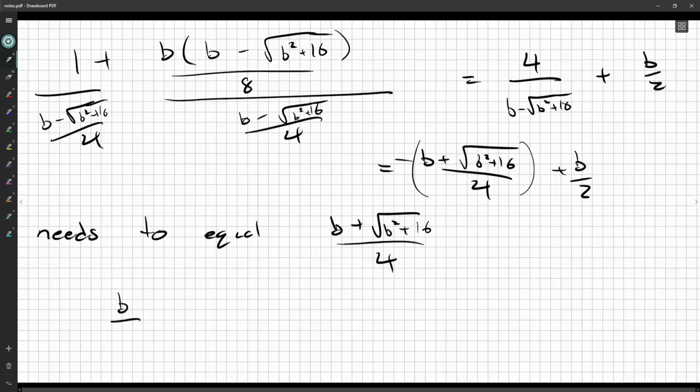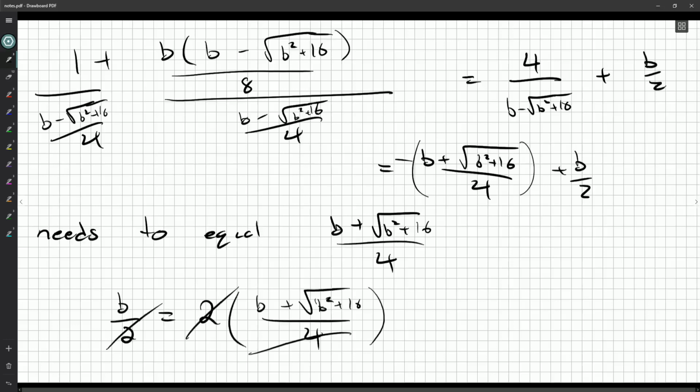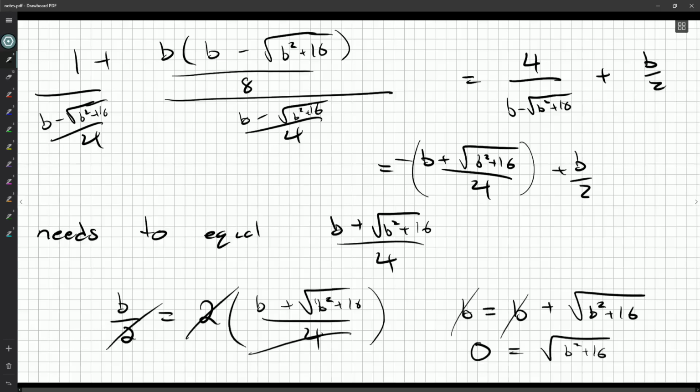Okay, so then b over 2 needs to be equal to 2 times b plus the square root of b squared plus 16 all over 4. Multiply by 2, the 4's will cancel out. So b needs to be equal to b plus the square root of b squared plus 16. The b's will cancel out, and so 0 needs to be equal to the square root of b squared plus 16. And we're not happy with that, because that means b squared plus 16 needs to be equal to 0, and that's impossible as well. Darn it.